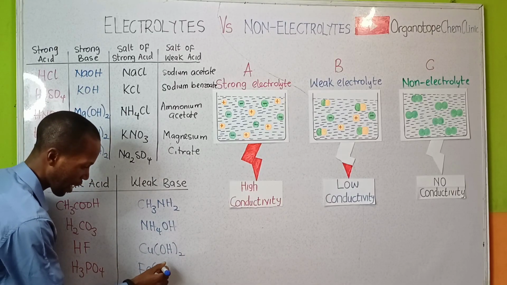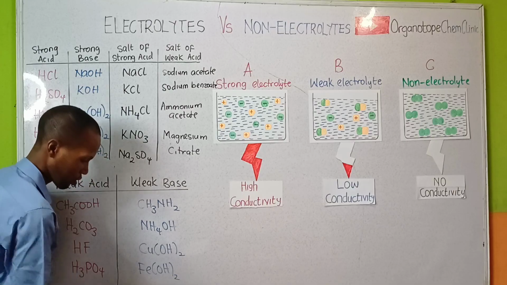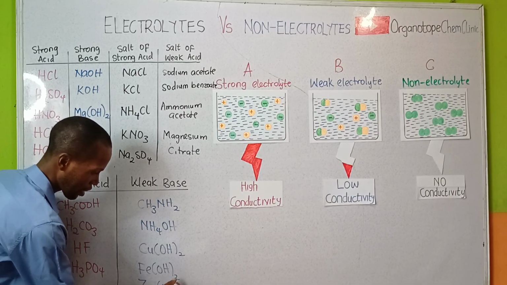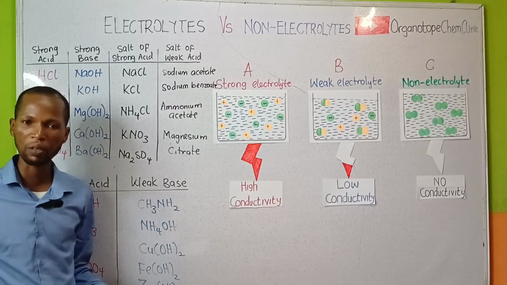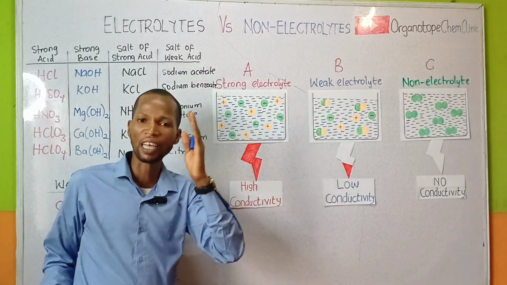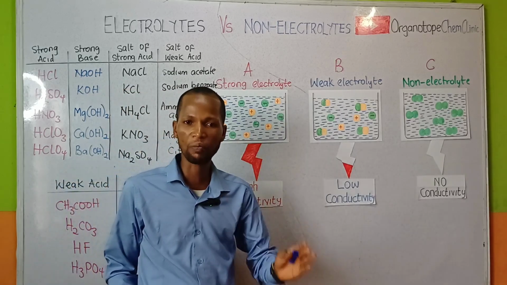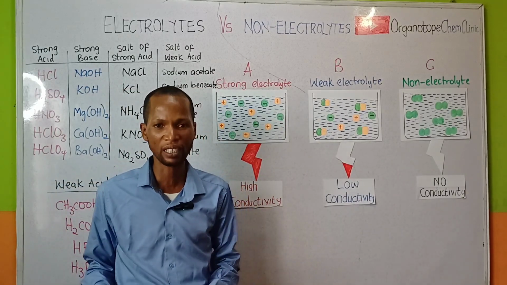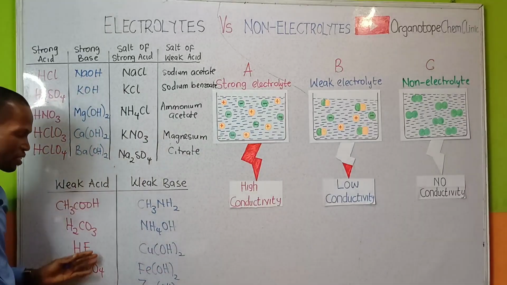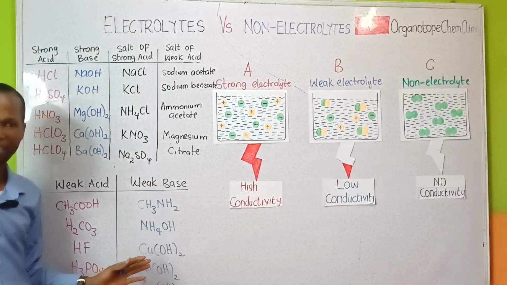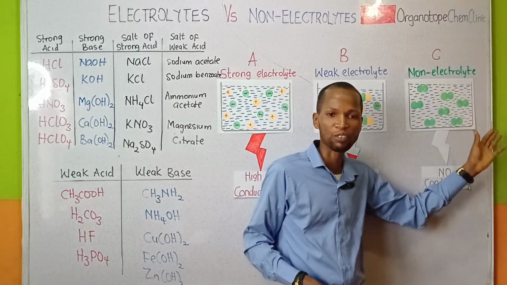Zinc(II) hydroxide is also a weak base. So note that weak electrolytes are weak acids and weak bases. Solutions of weak acids and weak bases are weak electrolytes, and the examples are listed right here for the weak acids as well as the weak bases. Make sense?